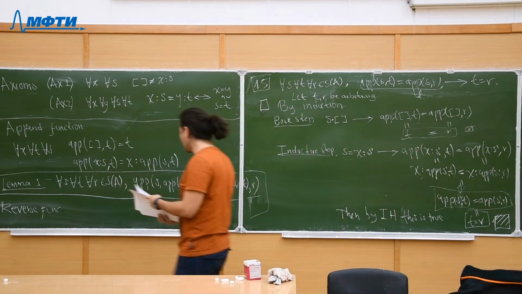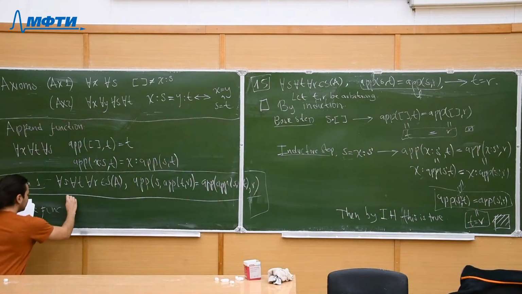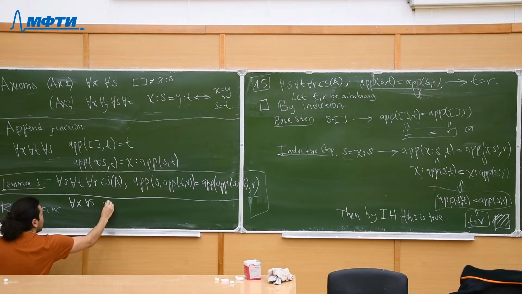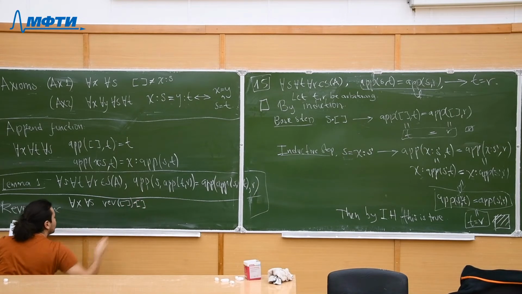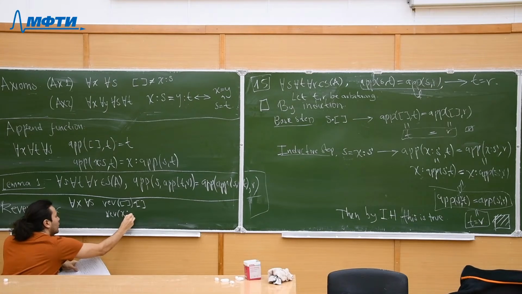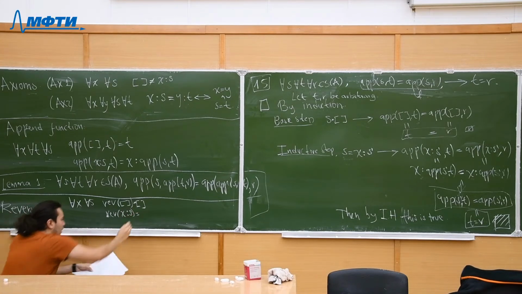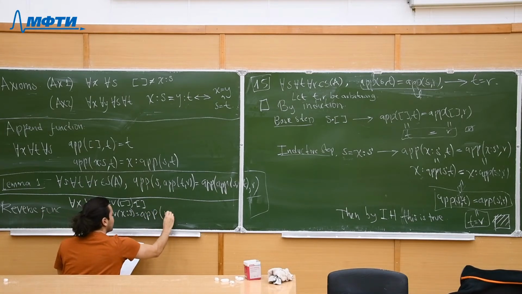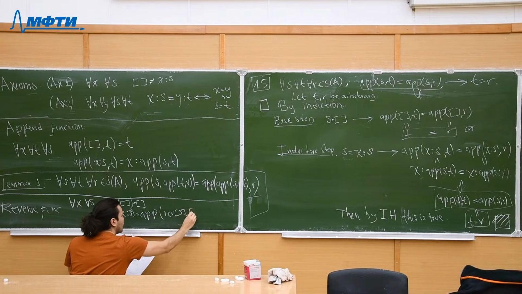Let's say that for all symbols x in A and for all strings S, the reverse function of the empty string is the empty string, and the reverse function of x column S is equal to the app of the reverse function of S and x.